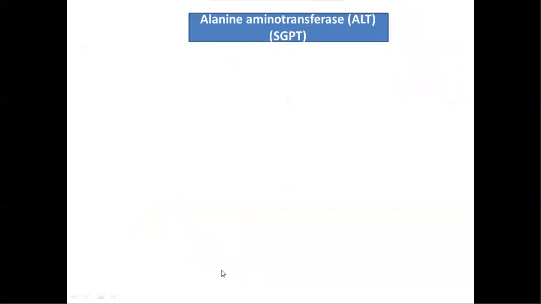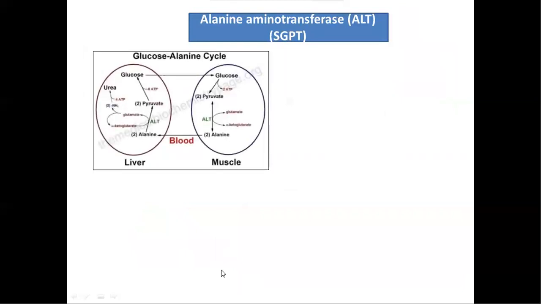The next enzyme here is alanine aminotransferase, ALT, which is also called SGPT, serum glutamic pyruvate transaminase, which is present in the glucose alanine cycle. Here pyruvate is converted into alanine and alanine is converted into pyruvate, which occurs in liver and muscle cells.